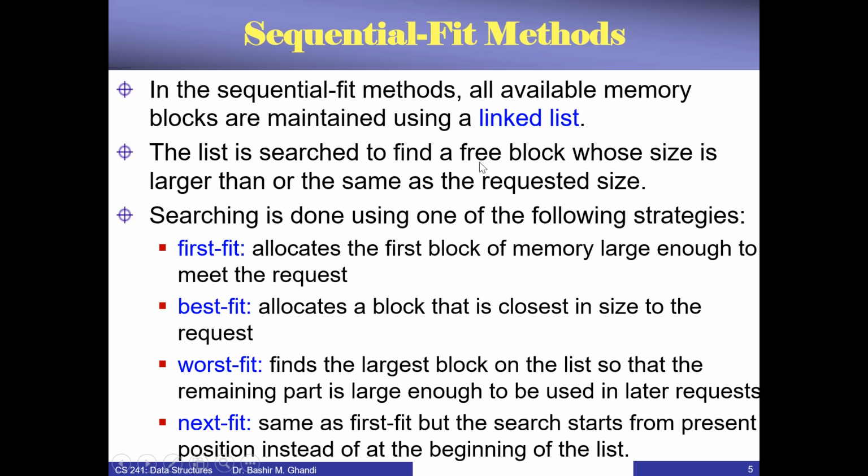So if there is another request, it just continues from its current location, from the middle, forward until it finds the requested size. If it doesn't find it, of course, it will cycle back so that it searches the whole list. So the whole idea is to optimize the search so that it doesn't always search from the beginning. It will start from the current position.